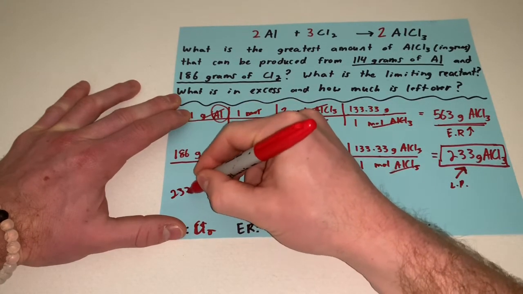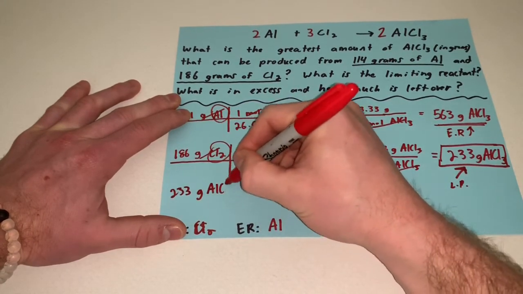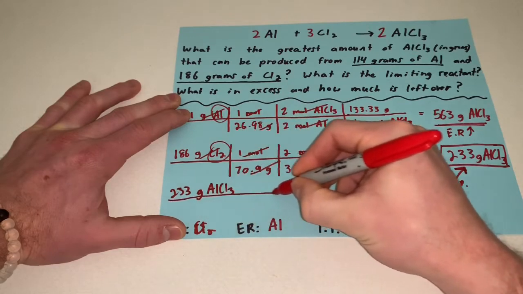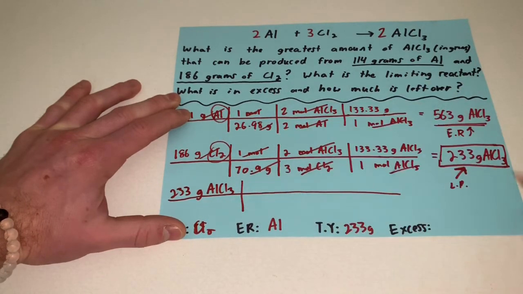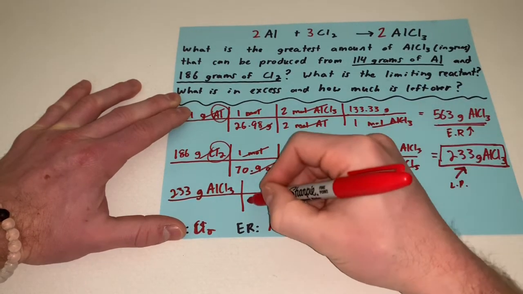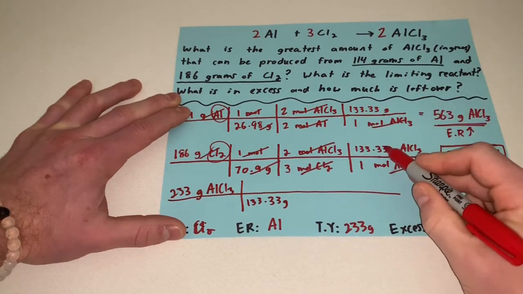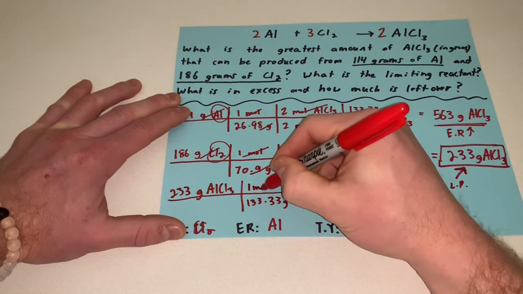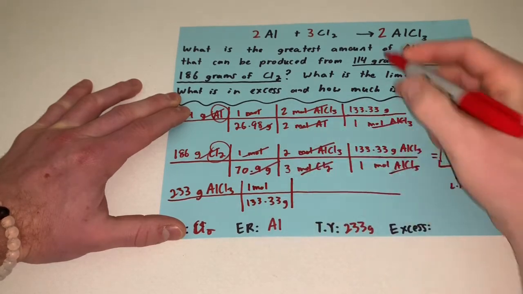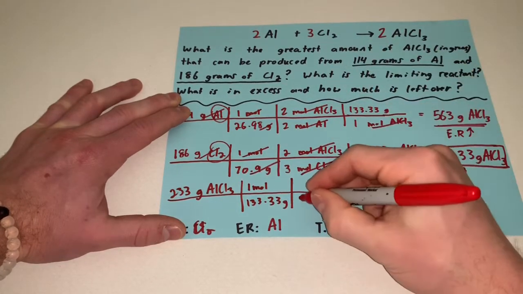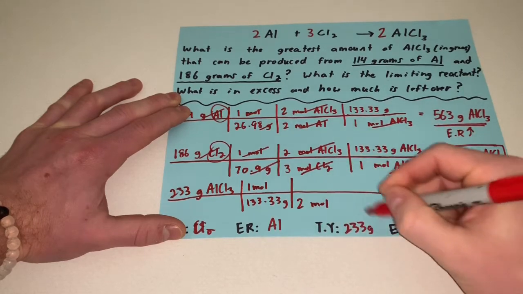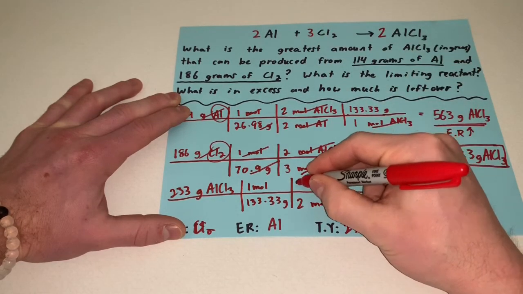So we have 233 grams of aluminum chloride, and we're going to want to take this to grams of aluminum. The good thing about this is we already have the molar mass of aluminum chloride from previous, so we don't need to recalculate that. Aluminum chloride, there are 2 moles for every 2 moles of aluminum.